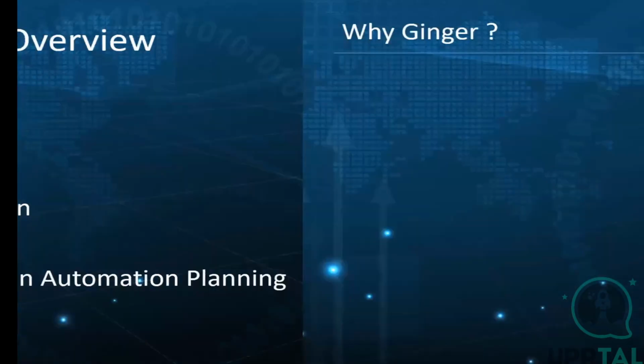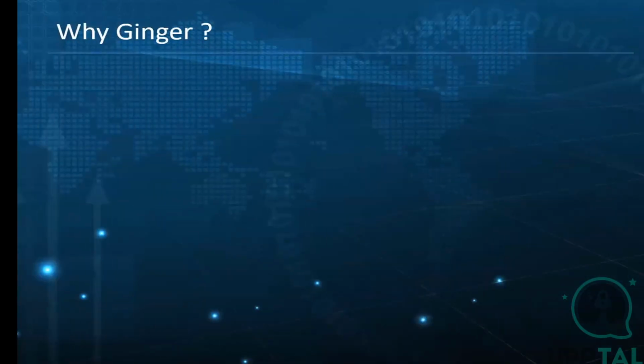Okay, next, why Ginger? The next topic is very interesting, guys. Why are we using this tool, why are we going for this tool, why not other tools, why Ginger, and what is it basically?